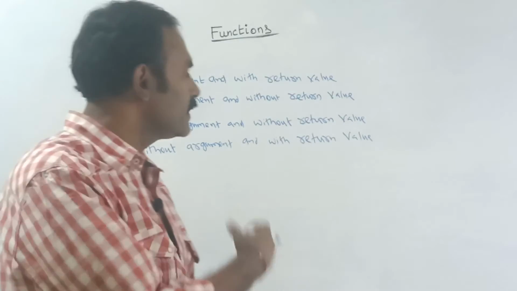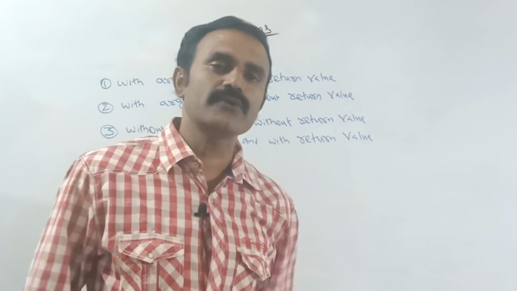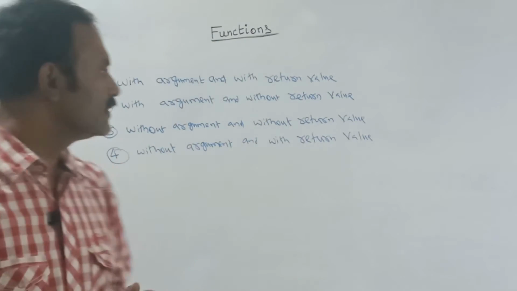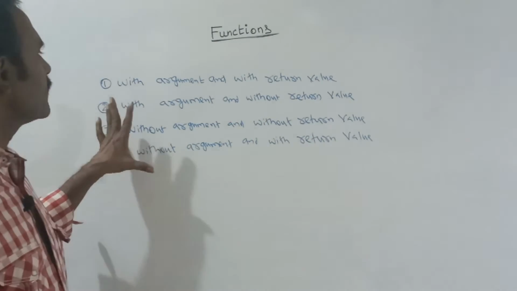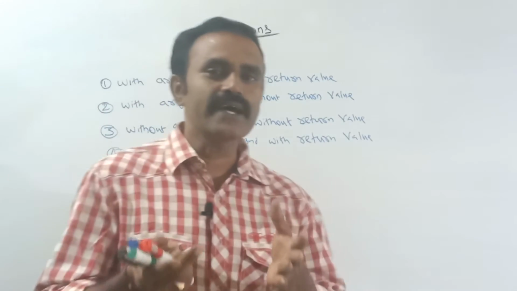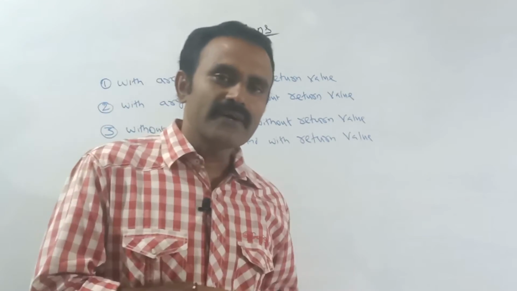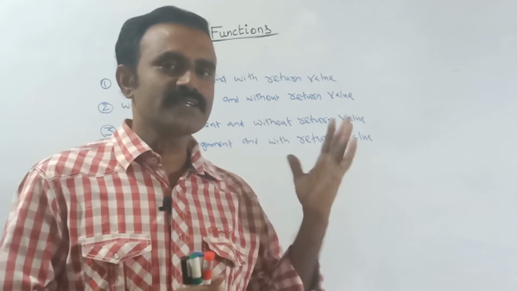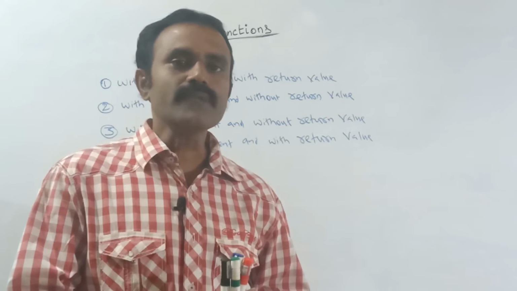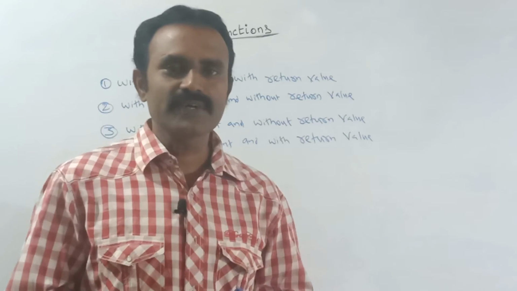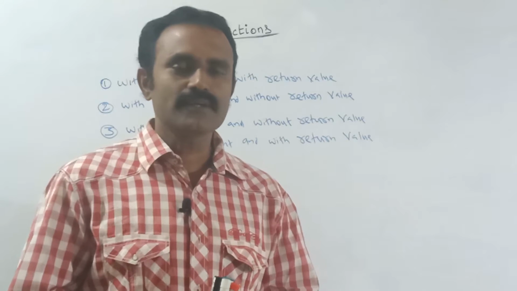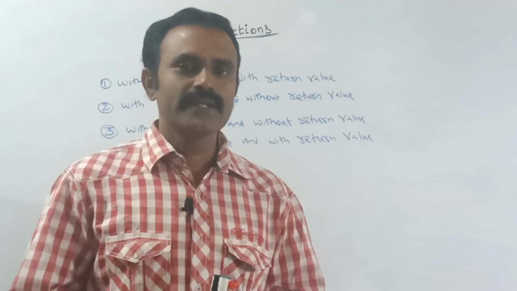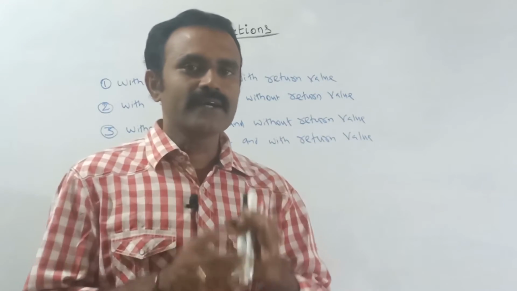These are the categories of the function. Some functions have both an argument and a return type. For example, in the previous session we saw the string functions. Suppose we want to compare two strings; what kind of function is that?